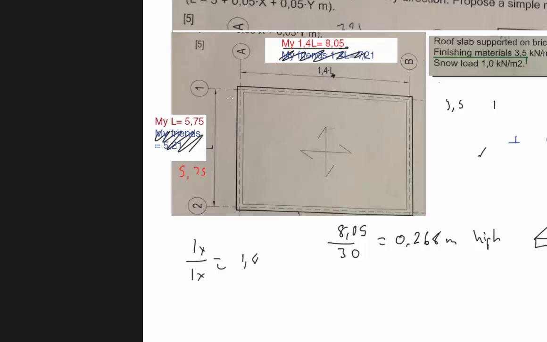So depending on if there are fixed supports, which looks something like this, then depending on which shape or which side you have, you will get different values. In this case, this will be a fixed support, while if it looks like just straight lines like this, it will be a simple support.